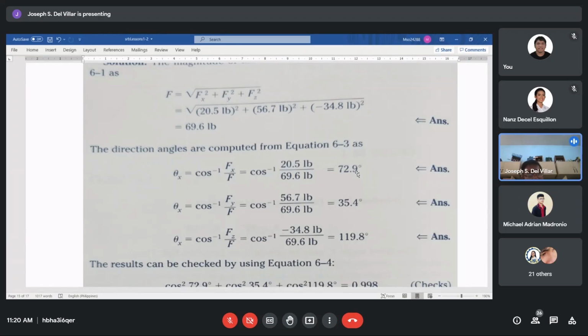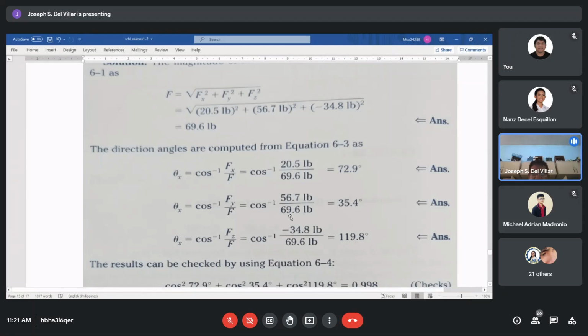2 decimal, no? Gaya nito, okay? Up to 2 decimal yan, 69.61. So yun yung gagamitin nyo rito. 69.61. So 20.5 divided by 69.61.